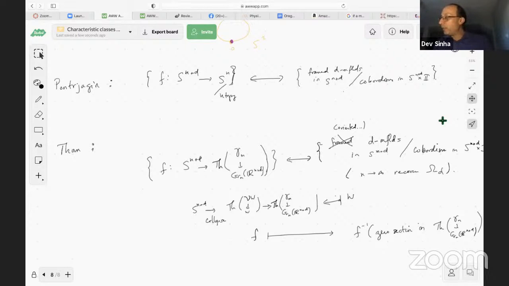So remarkably, these homotopy groups, and maybe I'll come back to that in a second, are another way to say the (n+D) homotopy group of this Thom space.